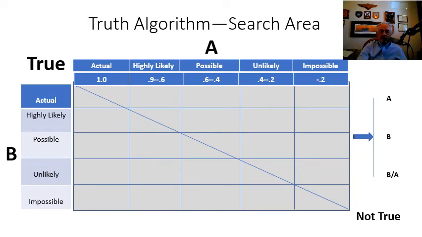Okay, it's a little bit complex, but we'll get into this in some measure of detail in the next video. I did want to introduce it here to let you know that we're just not blowing smoke, but we have something meaningful to utilize as part of the truth algorithm.